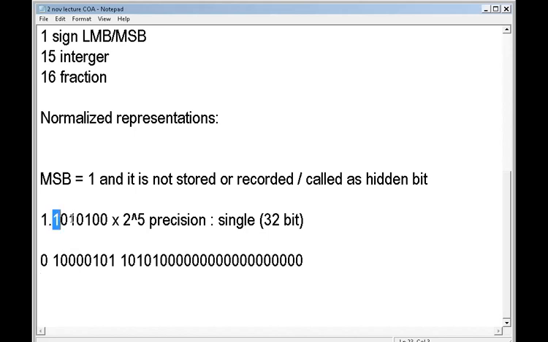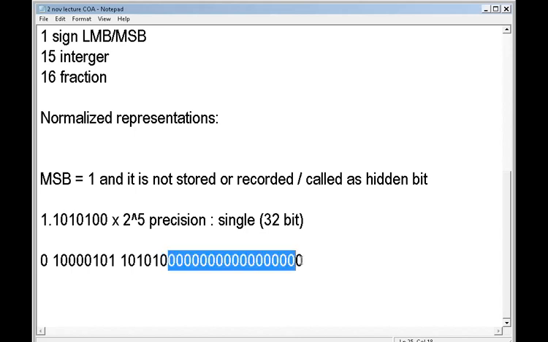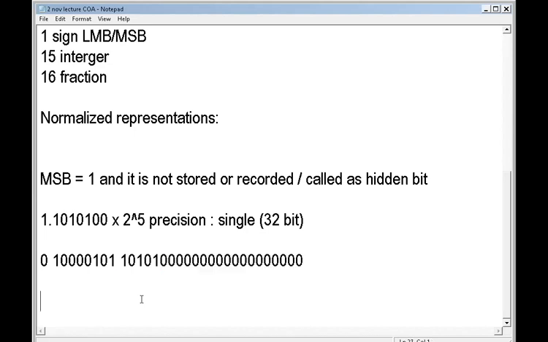And this remaining fraction would be copied the same, stored as it is, but with trailing zeros to accommodate 23-bit length, so that it is obviously understood that the radix point lies here, right?